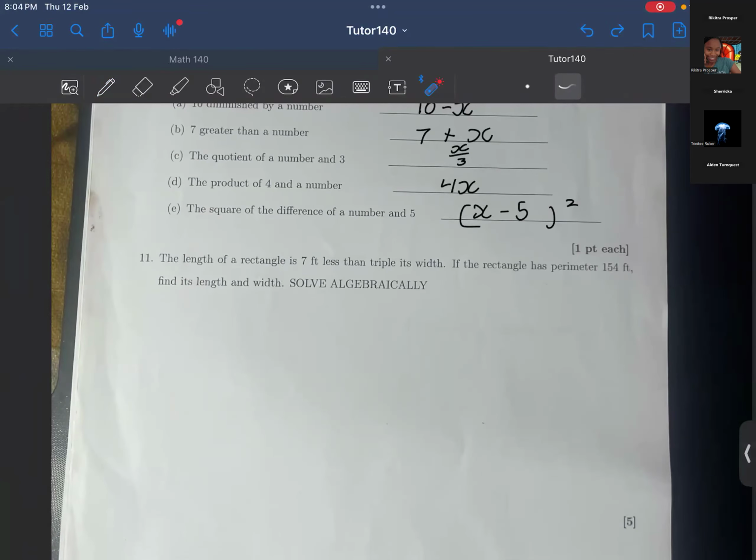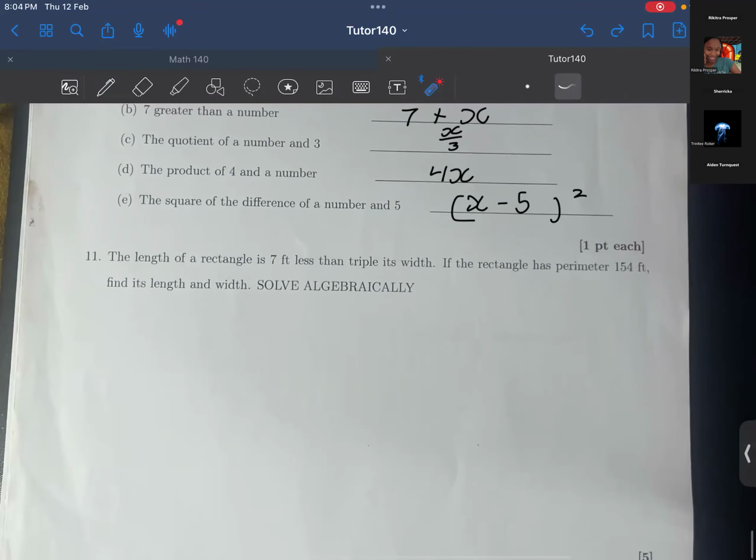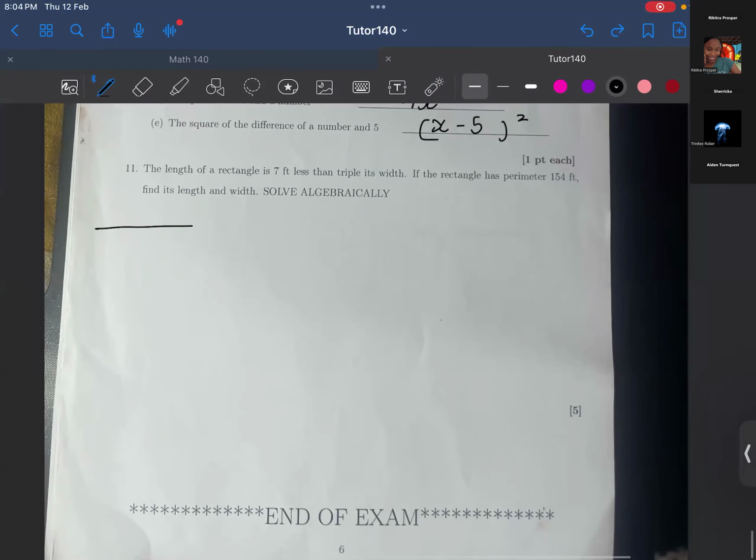So, the length of a rectangle is 7 less than triple its width. If the rectangle has a perimeter of 154 feet, find its length and width, solve algebraically. So we're going to do our rectangle.